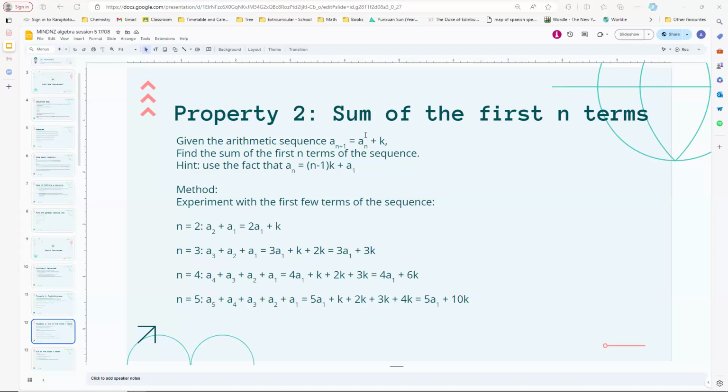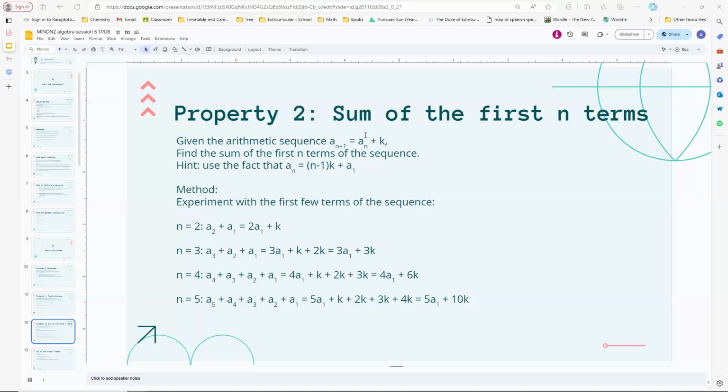So if we have our arithmetic sequence, which has common difference k, so you add k every time you go to a new element, a new term. And using the fact that the general nth term of our sequence is a sub 1, the first term, plus n minus 1 copies of the common difference, right?